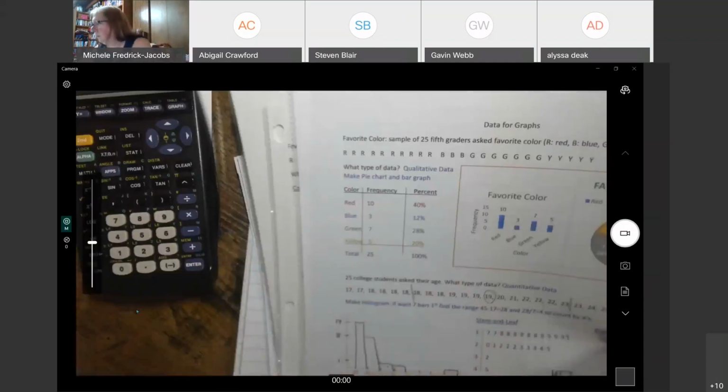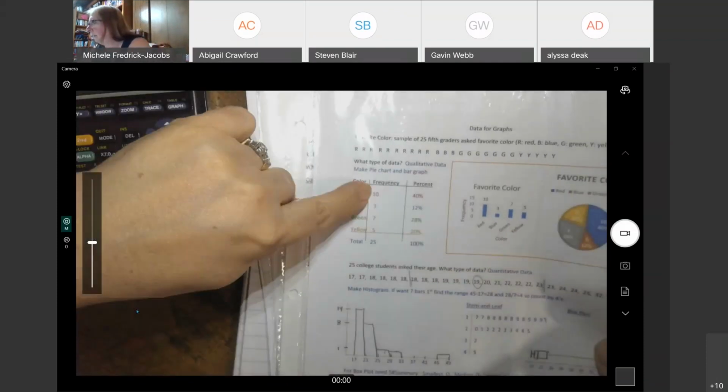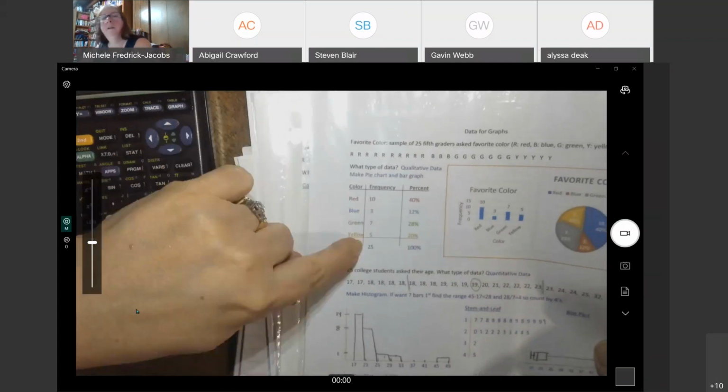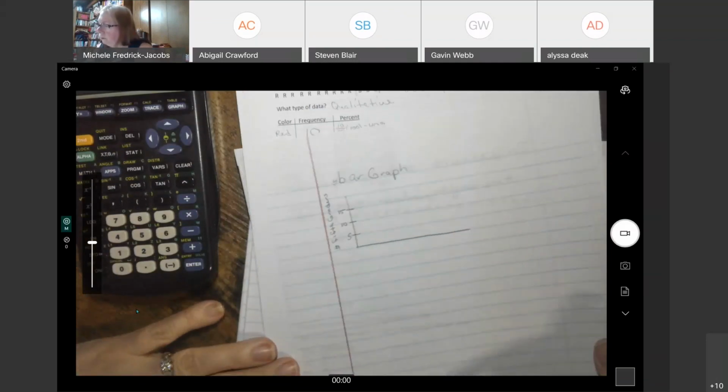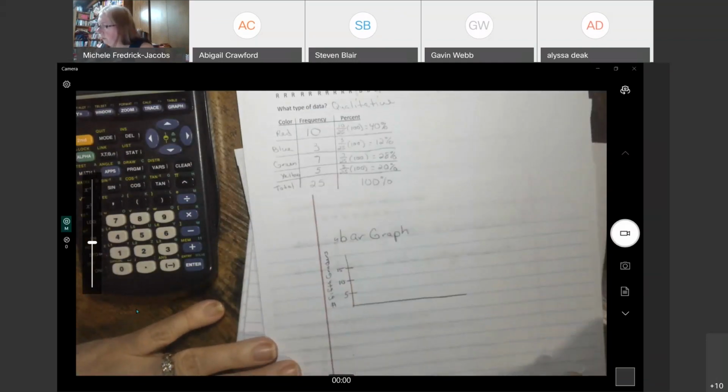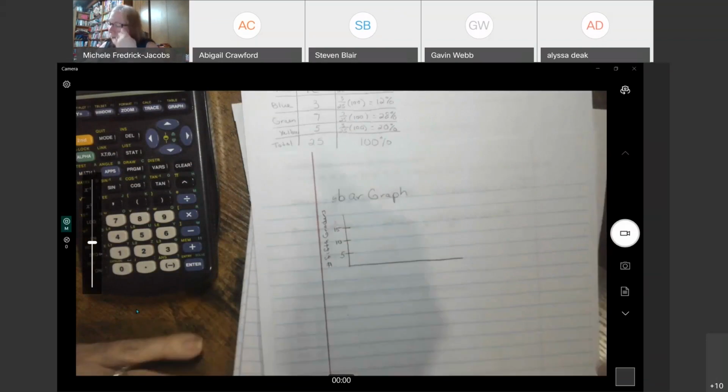Look at the frequency. It went up to 10. So I counted by 5. Probably could have gone a little smaller numbers, but that's okay.